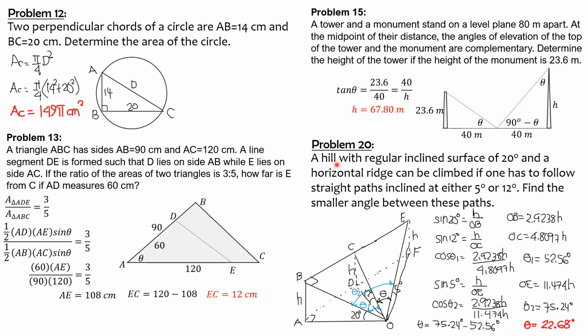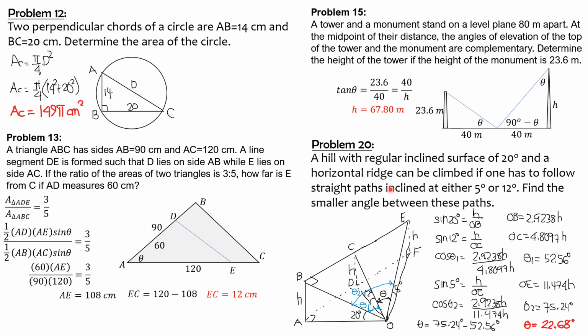Then lastly, problem 120, a hill with regular inclined surface of 20 degrees and a horizontal ridge. So this is the horizontal ridge. This is just one side of the hill. The other side is in this portion here.